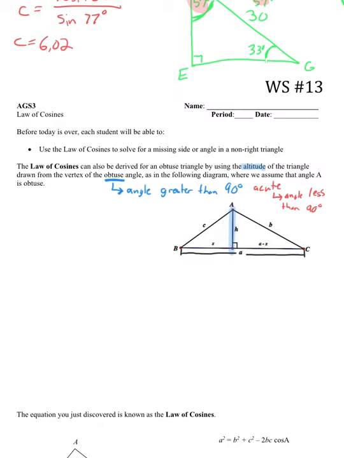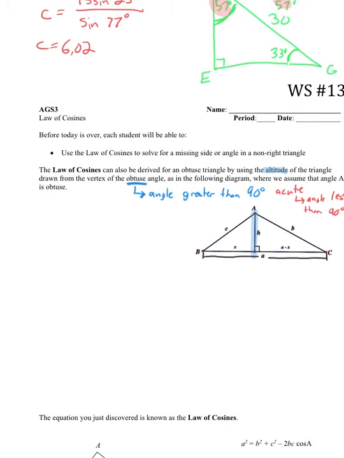Looking at two specific right triangles, here's our first right triangle. If we were trying to solve for this triangle, we would say x squared plus h squared equals c squared. We can use the Pythagorean theorem to solve for it.